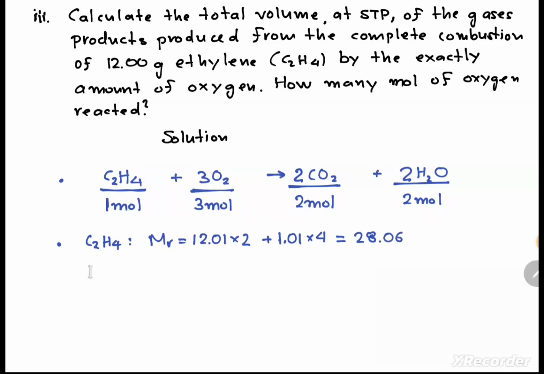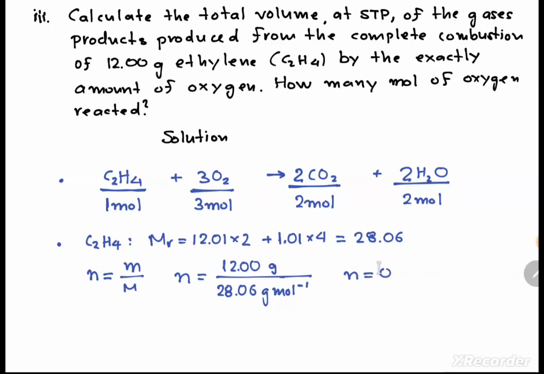So we have to find the mole of ethylene, and we have 12 grams and divide by molar mass. And the result is 0.43 moles ethylene reacted. Then we have the stoichiometric calculation.